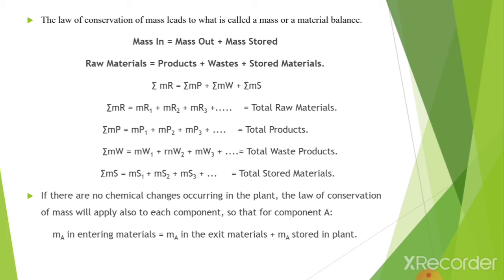So raw materials, that is, mass entering the system, is nothing but the raw material, which is equal to product plus waste plus stored material. Mathematically it is expressed as summation MR is equal to summation MP plus summation MW plus summation MS. We know that summation MR is nothing but the mass of raw material 1 plus mass of raw material 2 plus mass of raw material 3, that is, total raw materials.